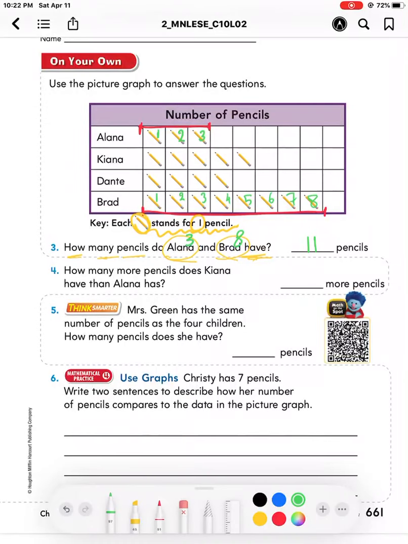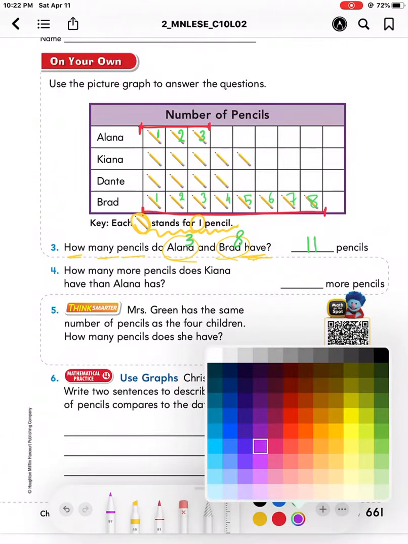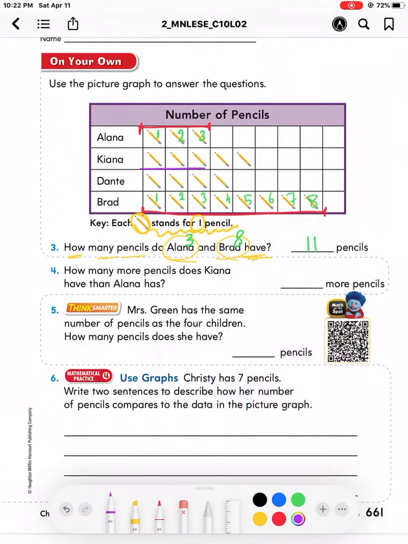7 pencils. Good job. Now, how many more pencils does Kayana, let's see here with a different color, Kayana, have more than Alina, and here we got Alina, right?